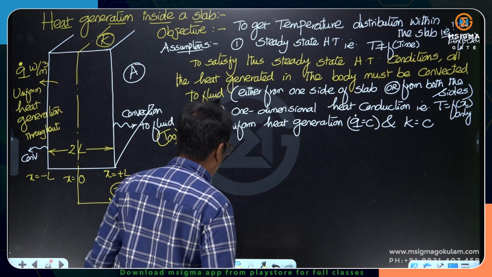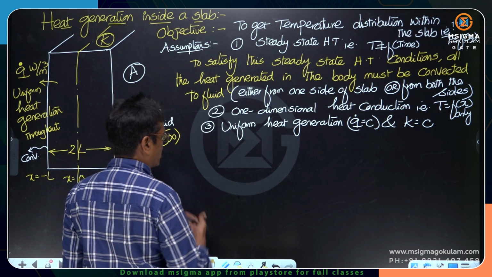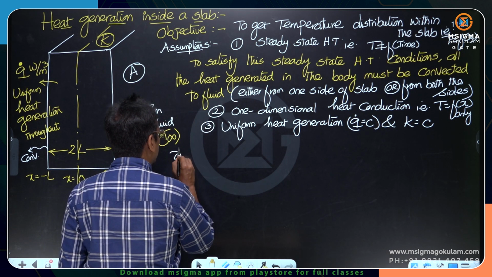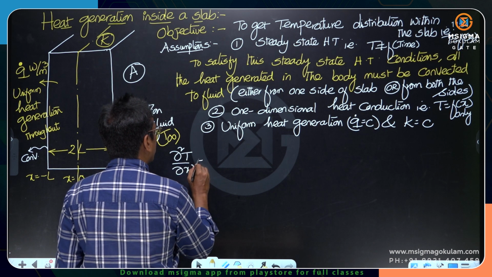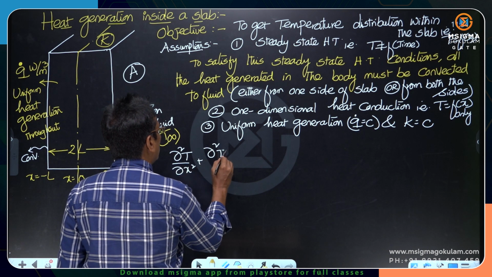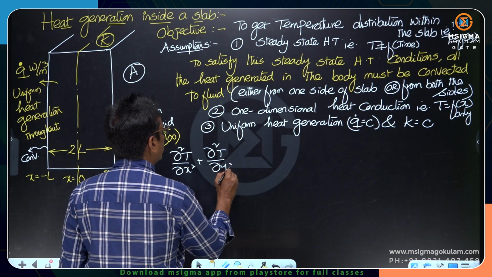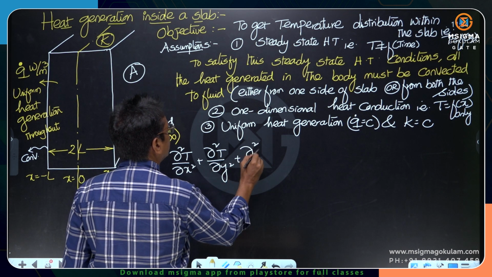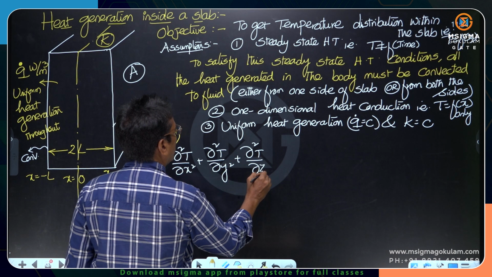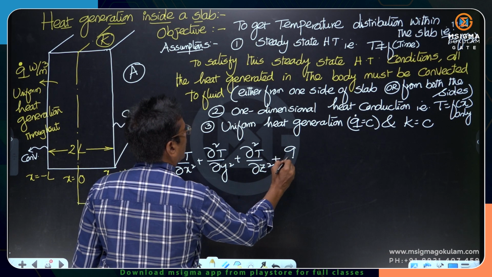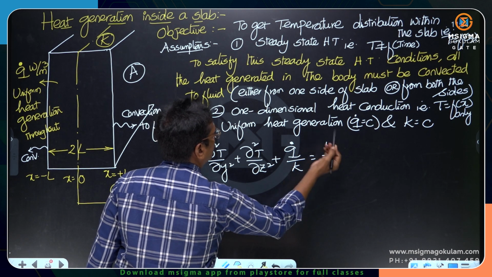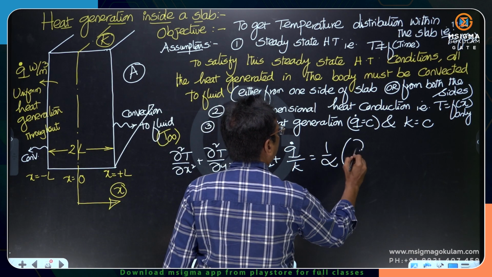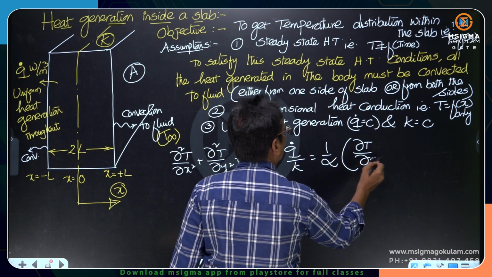With these assumptions, I will get the temperature distribution by bringing in the generalized heat conduction equation: del square T by del x square plus del square T by del y square plus del square T by del z square plus q dot by k is equal to 1 by alpha into del T by del tau.